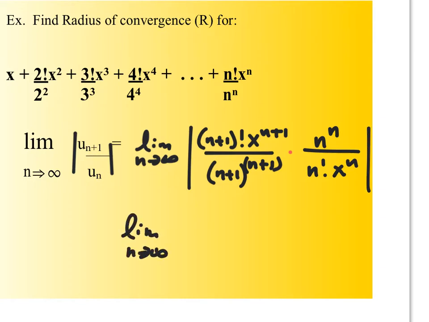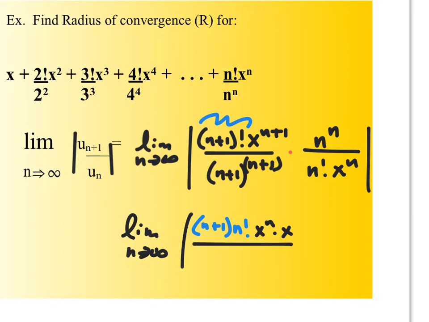All right, so this n plus 1 factorial would really be n plus 1 times n factorial. X to the n plus 1 would be x to the n times x. In the denominator, I would get n plus 1 to the nth times n plus 1.